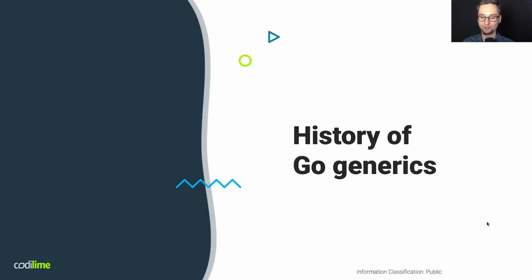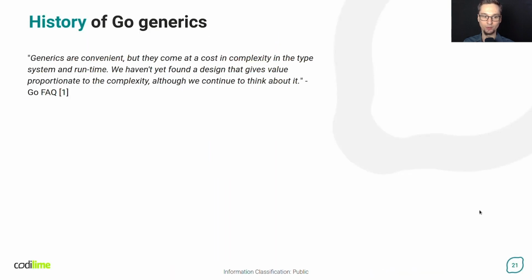So let's take a look at the history of generics in Go. In the Go frequently asked questions, we have information that basically the creators of Go wanted to add generics from the beginning, but they haven't yet found a design that didn't increase the complexity of the language too much.